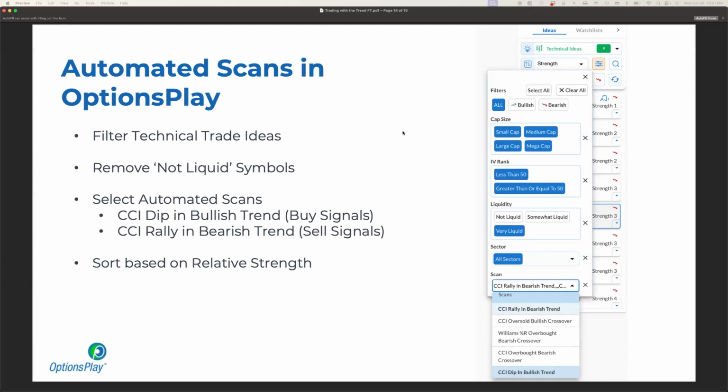It's important for you to understand the strategy, right? I don't encourage traders to trade something when they don't understand the strategy itself. If I just said, hey, here are some great trend following scans built into OptionsPlay, go and trade it, and you don't really understand it, that's when you tend to have less success with it.